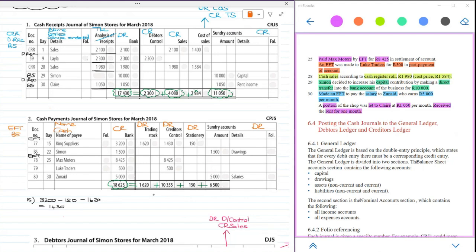So when we don't give you, for example, the trading stock total, but you do have the total for the rest, you can calculate this. The total for bank minus your creditors, minus stationery, minus sundry accounts. Okay, so you need to be able to calculate missing values as well.